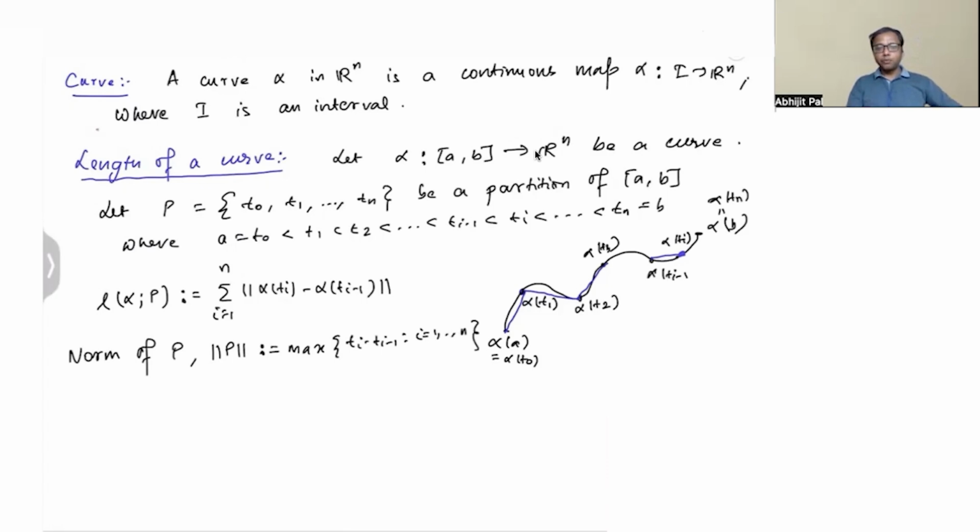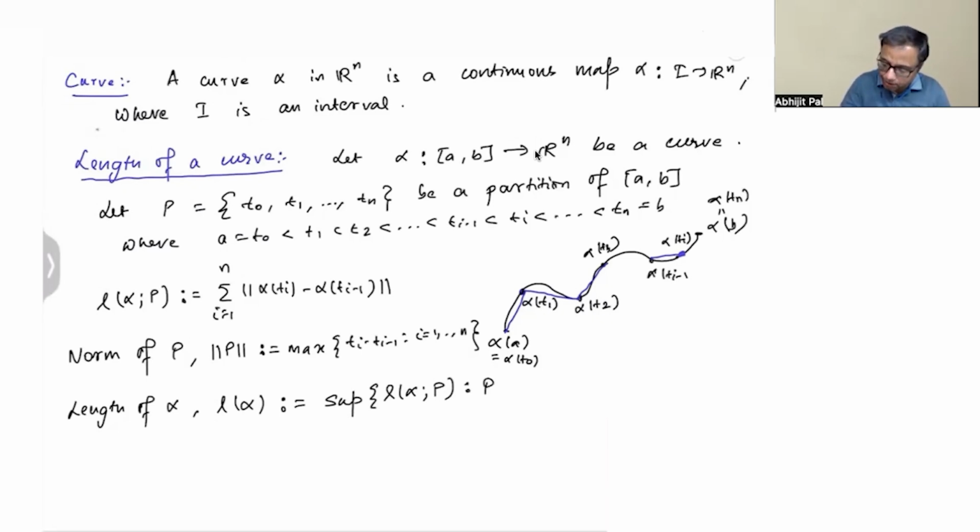This is my definition of the norm of P. And the length of alpha, denoted by L alpha, is defined to be the supremum of L alpha P, where P varies over all partitions of this closed interval AB.